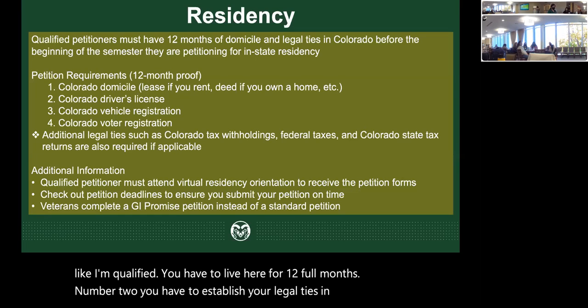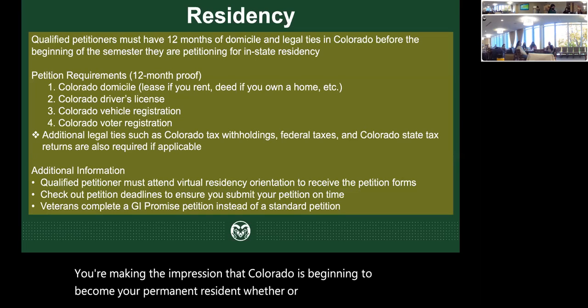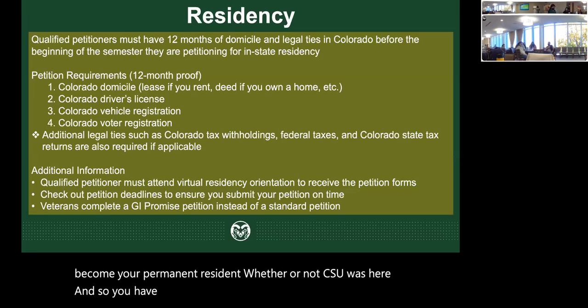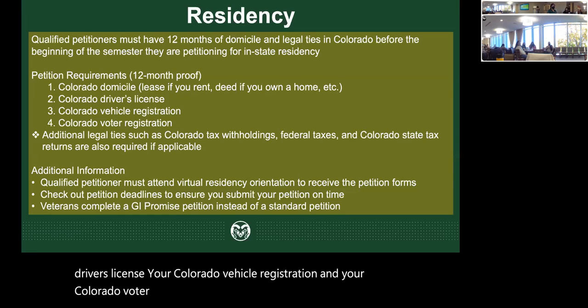You're making the impression that Colorado is going to become your permanent residence, whether or not CSU was here. And so you have to establish those legal ties. So your Colorado driver's license, your Colorado vehicle registration, and your Colorado voter registration. Once you have all 4 of those in place for at least 12 months, you're then eligible to petition.